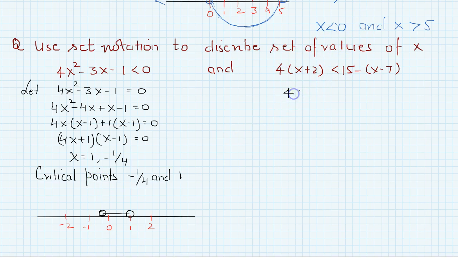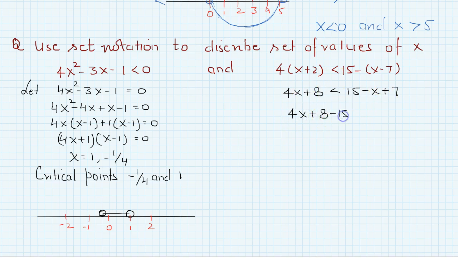So that is 4x plus 8 is less than 15 minus x plus 7. This will become plus. So 4x plus 8. Let's take all this to one side.